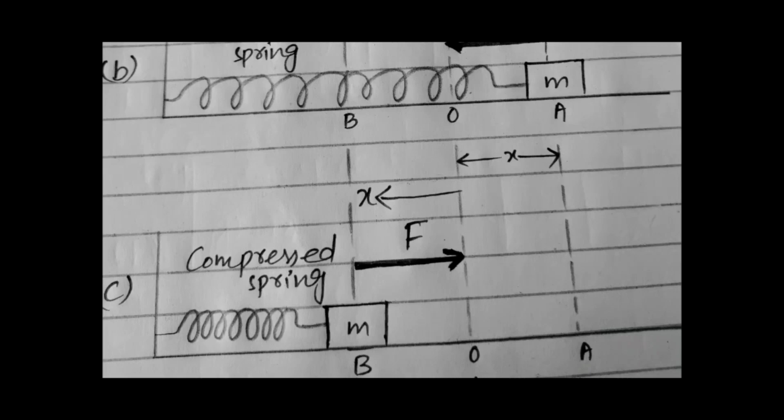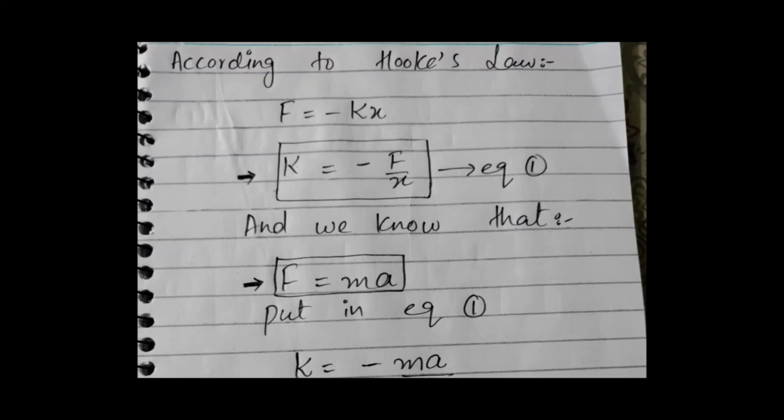We know that Hooke's law, which is about springs, says that the force exerted on mass m by the spring is directly proportional to the change in length of the spring. We say that this is x.